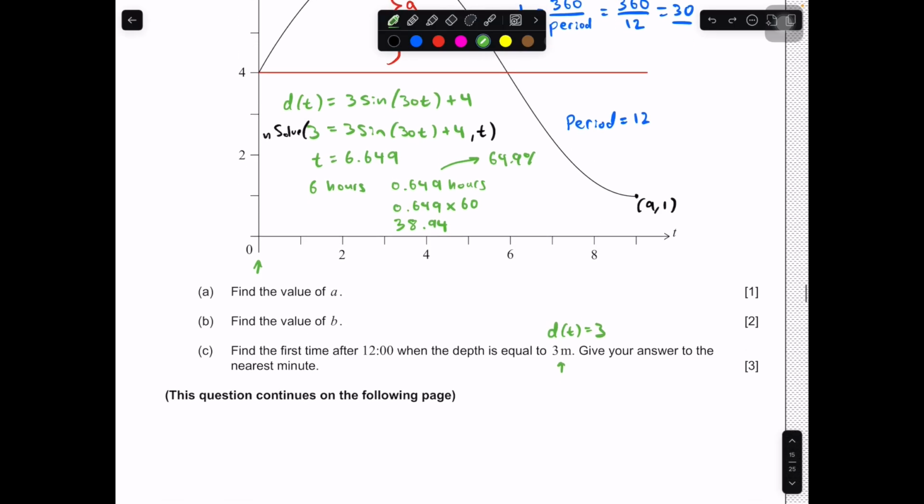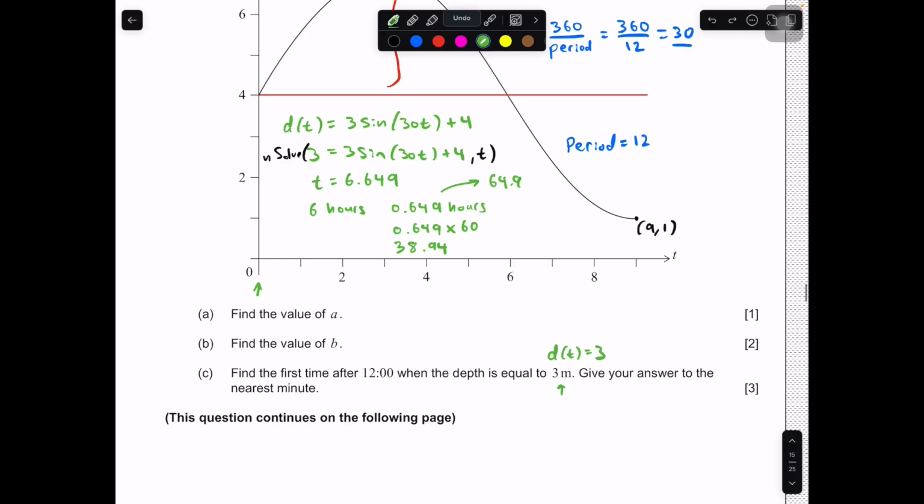If we wanted to round this to the nearest minute, it looks like it would be 6 hours and 38.94, this would be 39 minutes.